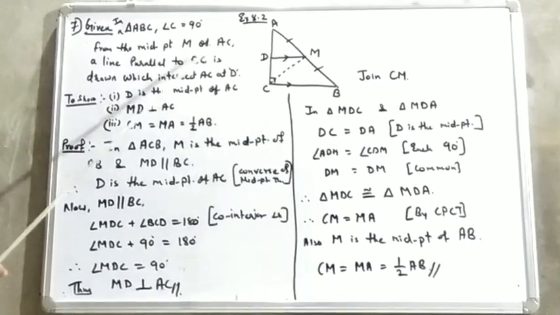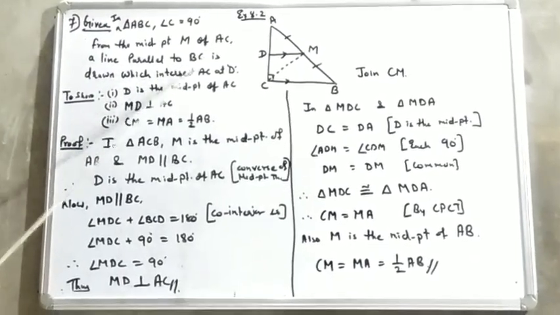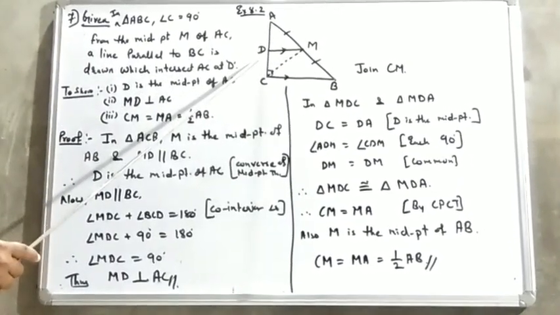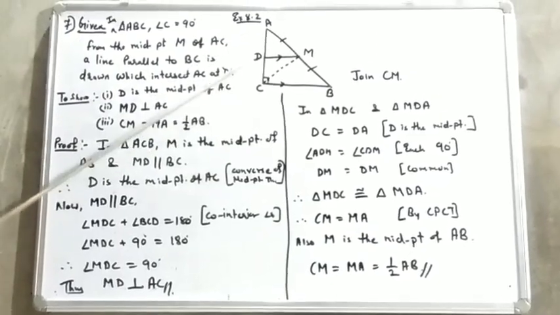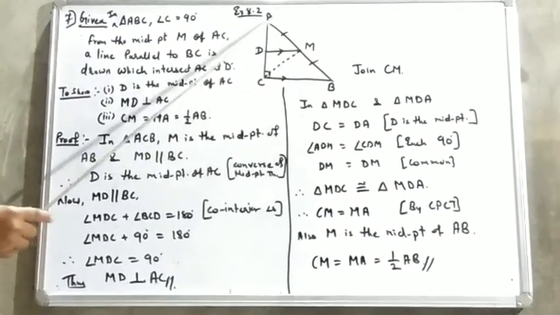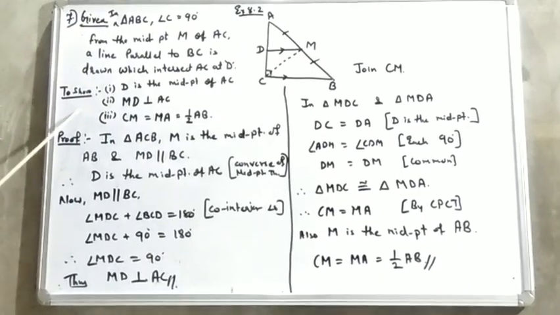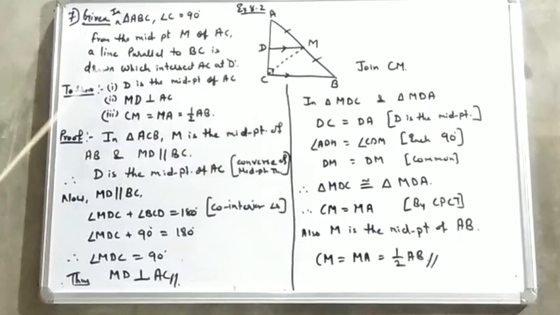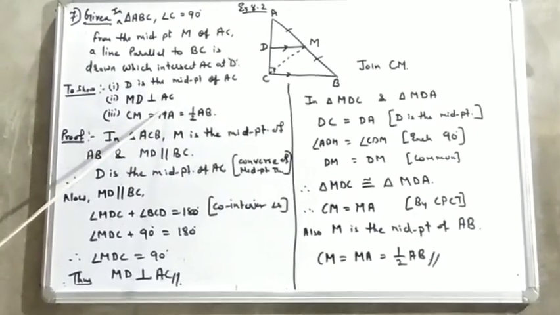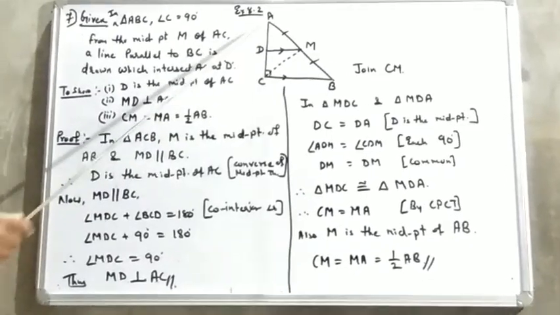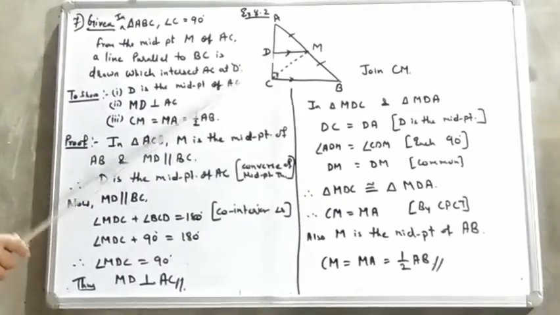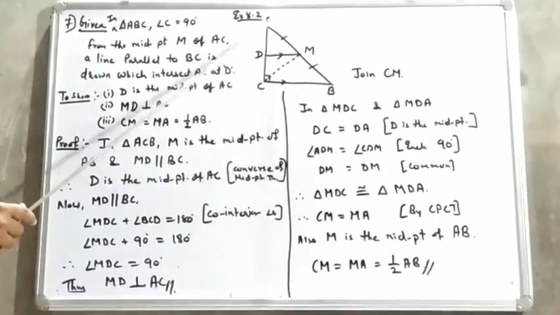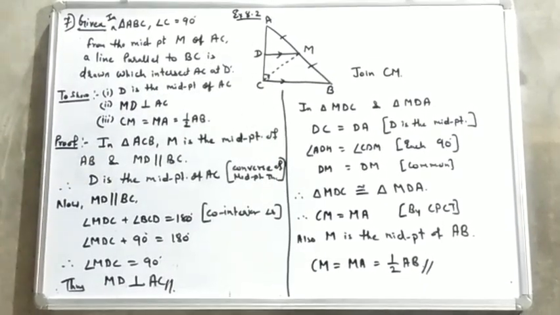From the midpoint M of AB, a line parallel to BC is drawn which intersects AC at D. We have to prove D is the midpoint of AC and MD is perpendicular to AC, meaning these two angles are 90 degrees, and CM is equal to MA, which is equal to half of AB.